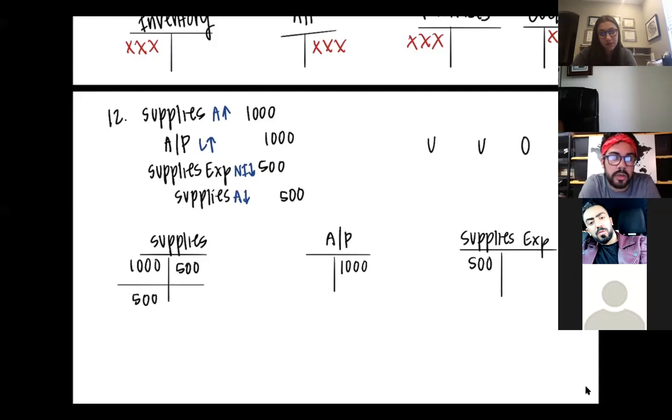Correct. So in other words, assets wouldn't change if they credited all of it. Yeah. Okay.